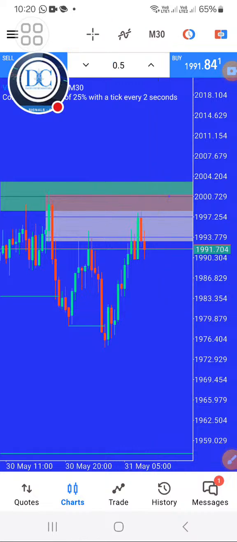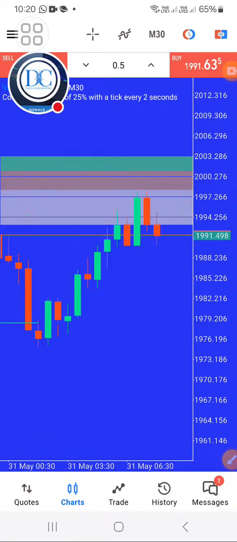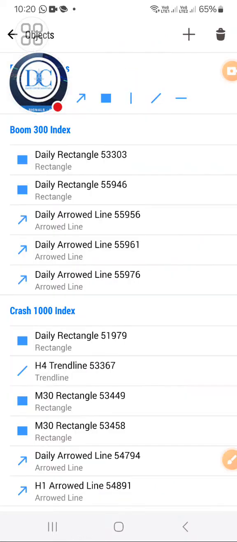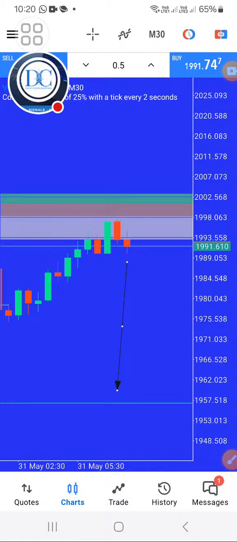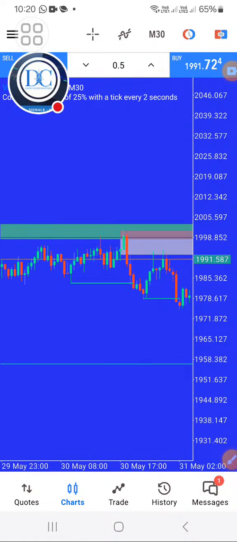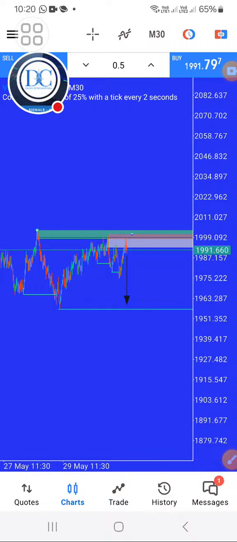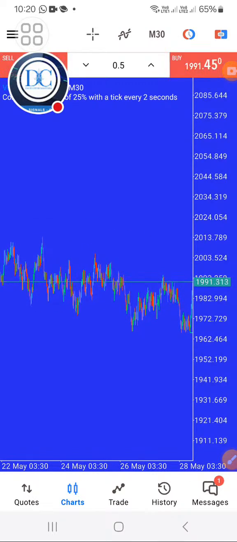So we are currently targeting for price to drop until it reaches this particular area here. And if you look generally, we are also going with our long-term bias, targeting the previous low. If there's going to be a continuation of the downtrend, you can see price is bearish.